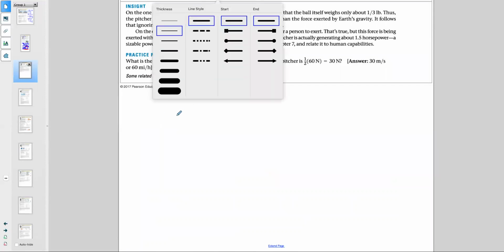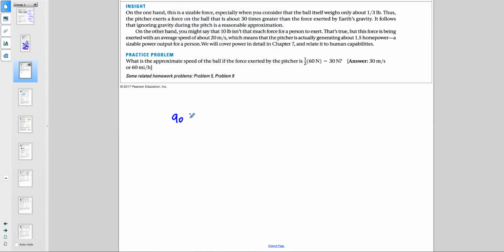So we have 90 miles per hour in the form of, if 1 mile is 1.6 kilometers, and 1 kilometer is 1,000 meters.